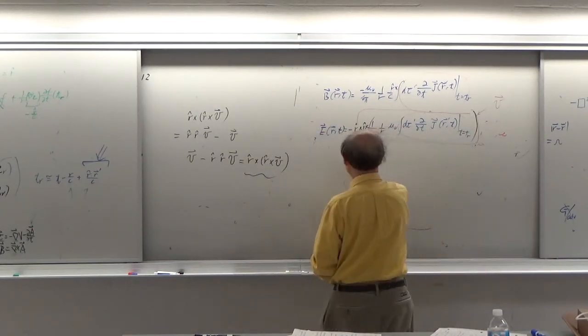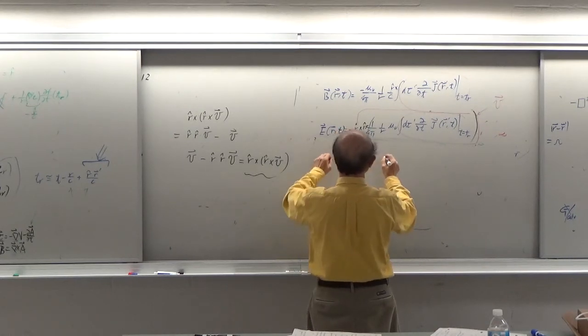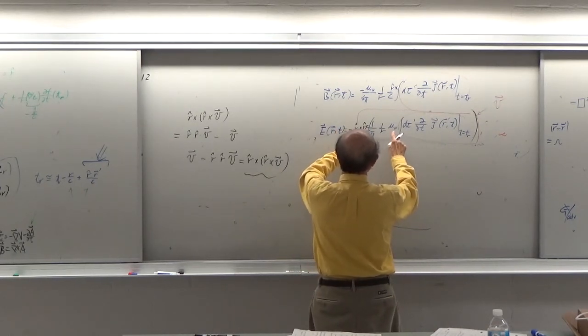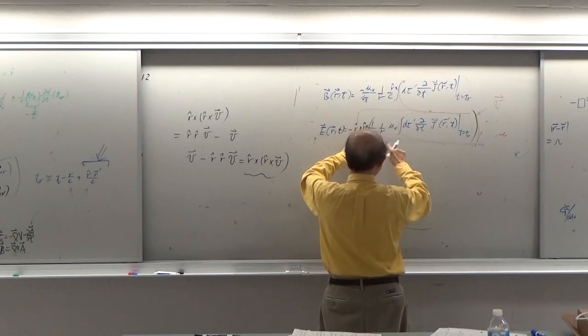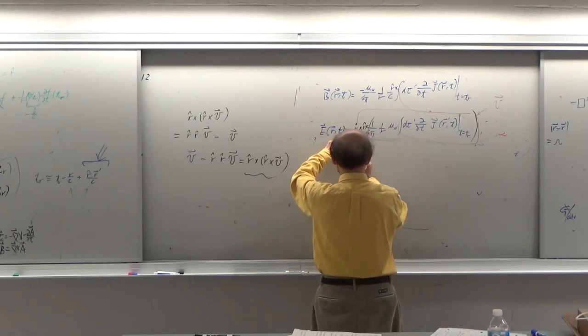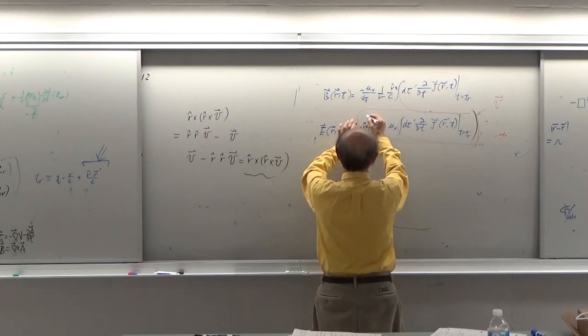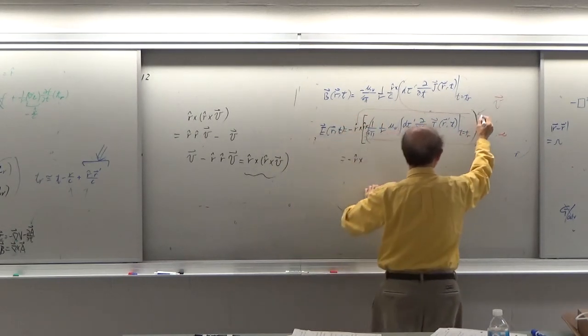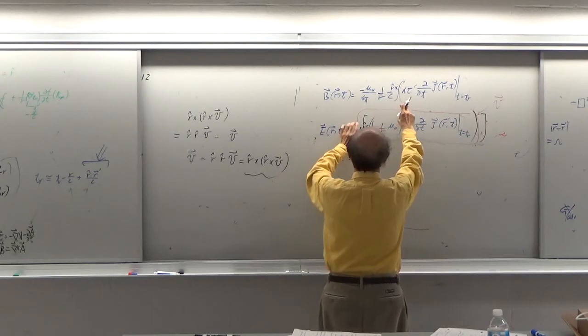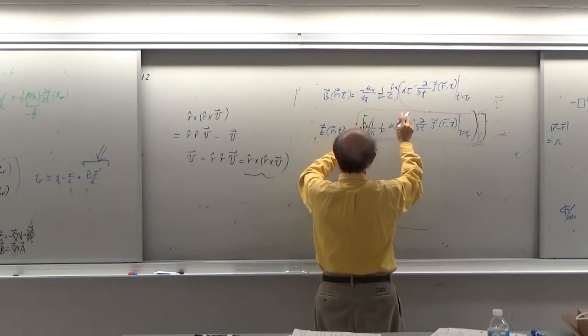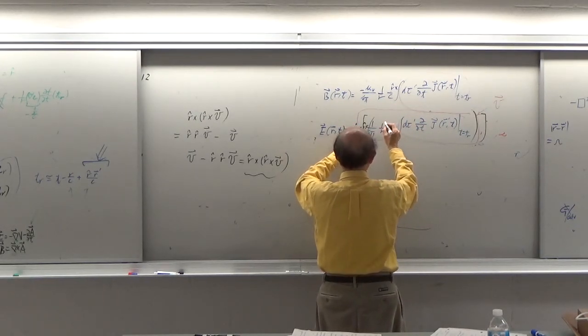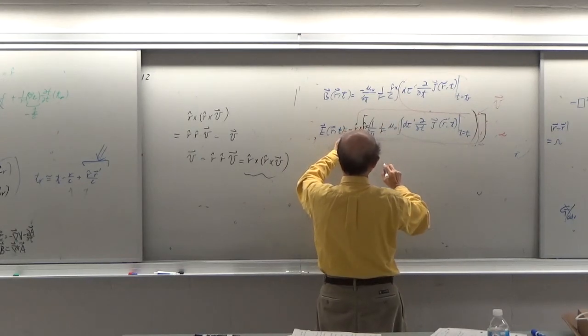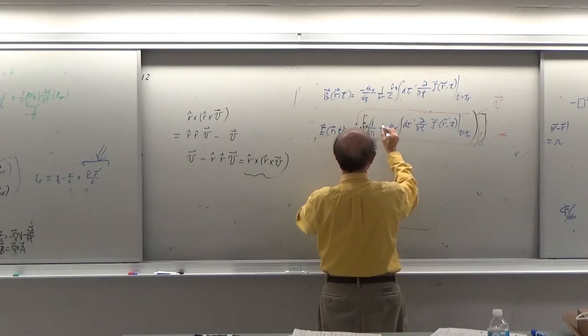Okay, so this is equal to, notice that what we have here is the minus r hat cross this. Let me put a bracket here. This is what we have for B. Is that right? Oh, except there's a minus sign. Okay, let me put a minus sign.